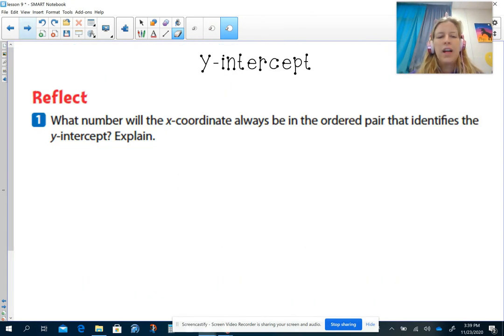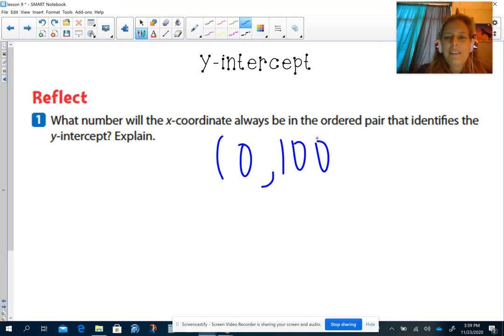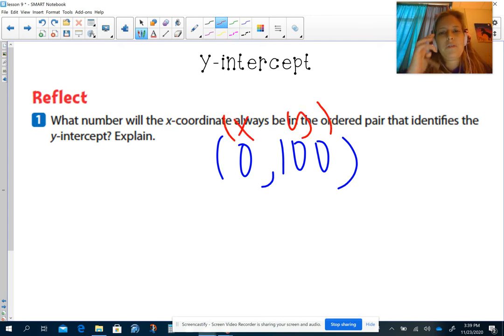So our reflect was, what number will the x-coordinate be in an ordered pair that defines the y-intercept? So it worked with our 100, right? Here's our x, y. I want to know, does it work with all of them, and how do you know?